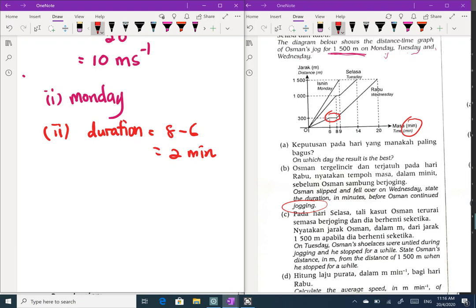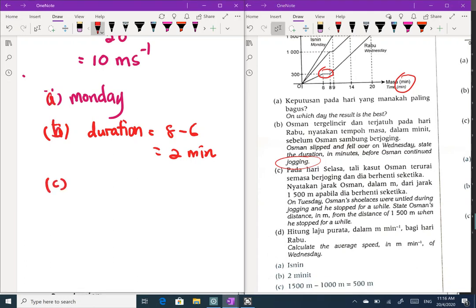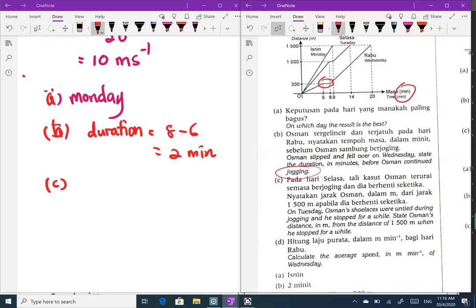Number 3 and C. On Tuesday, Osman's shoelace was untied during jogging and he stopped for a while. 在星期二，Osman 的鞋带没有绑好，所以他停下来 for a while.